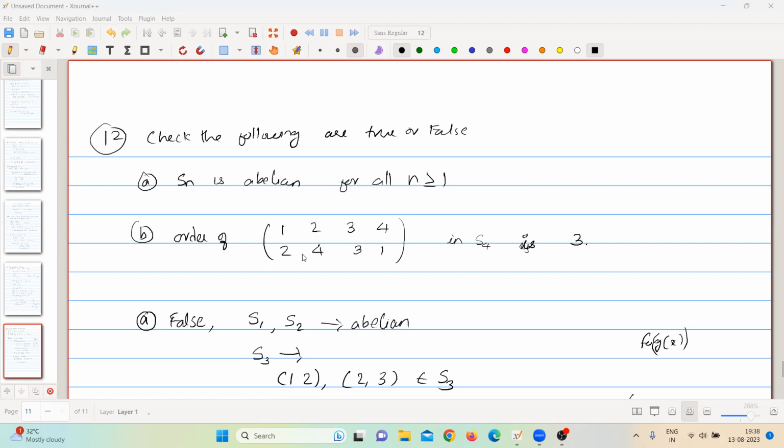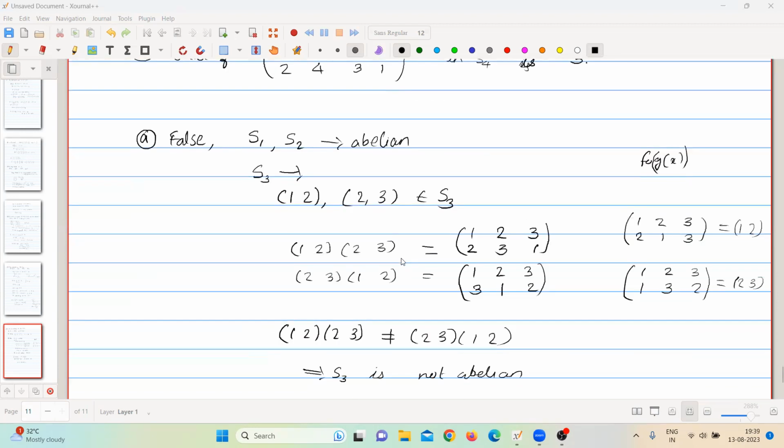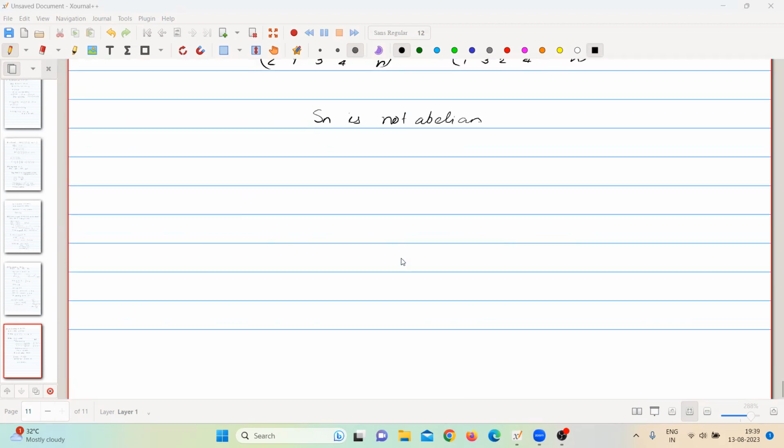What is the order of this permutation? 3 only, ma'am. So this option is true. Let me write it: option B is true.